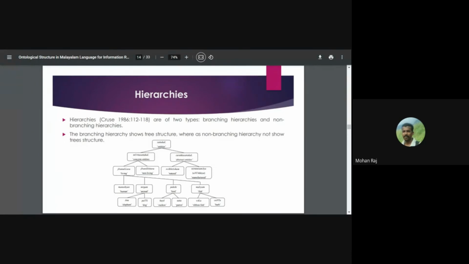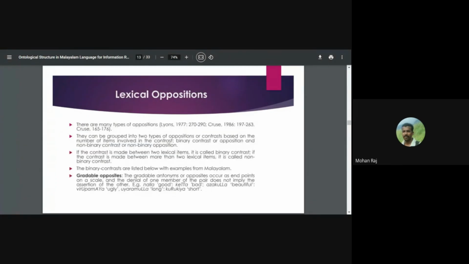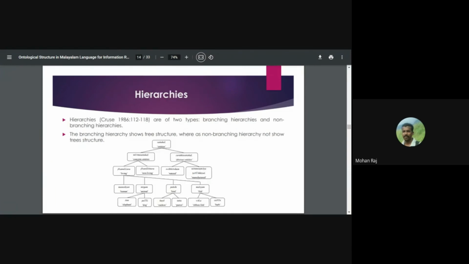Tree structures are going to entities like concrete entities and abstract entities, then living things, non-living things, naturals, and manufactured. And another, living things: human beings, animals, birds, and fishes.